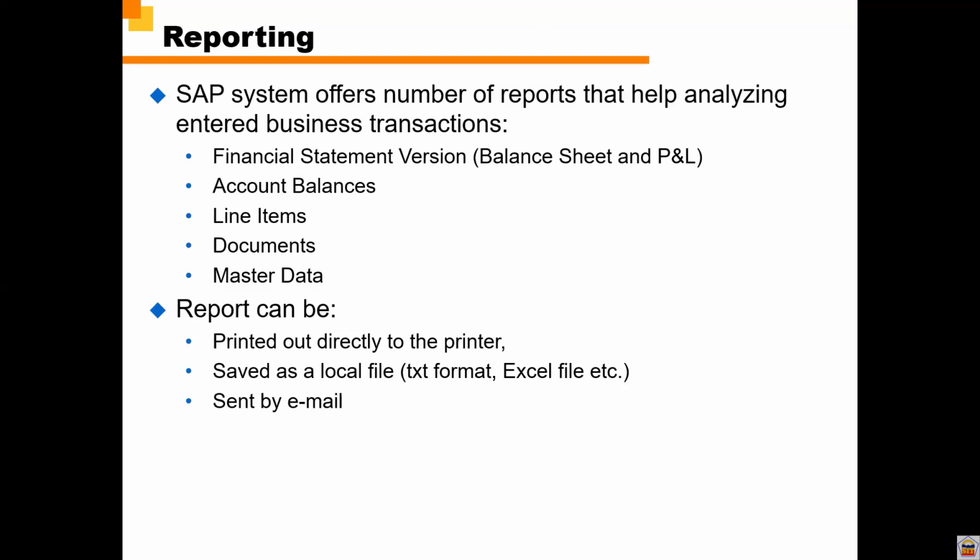We can pull out that line item data to see why this is an open item, why in this account we have the open item, and how we can get them cleared. Documents we can pull out from the system. GL information we can pull out from the system, and after that we can also send that report through mail, or we can also share it, or print that report.